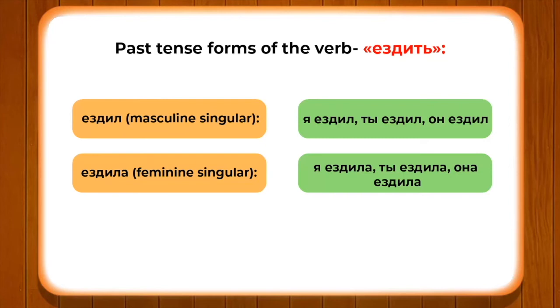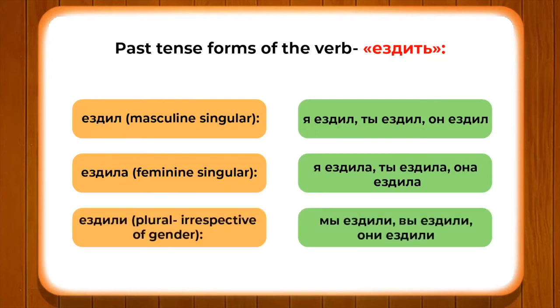If it is мы, вы or они, it will be мы ездили, вы ездили, and они ездили. So I hope these two concepts are absolutely clear: идти, ехать, ходить and ездить in conjugated form as well as in the past form which we just discussed. It is very simple to understand, and you can use them with certain examples.